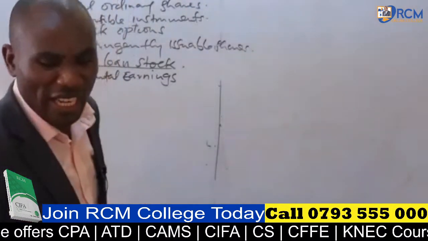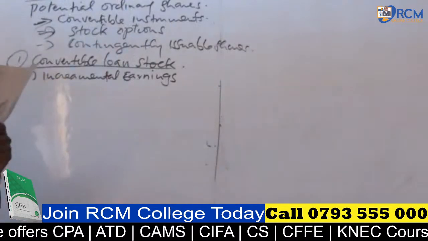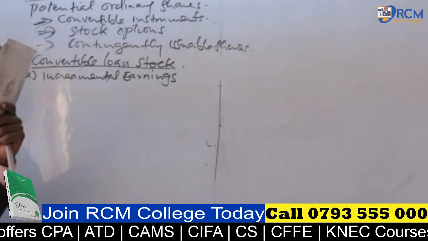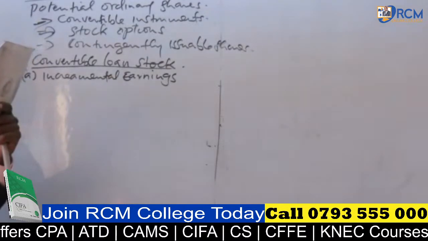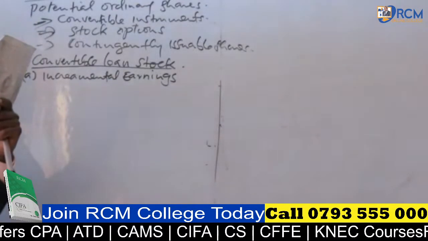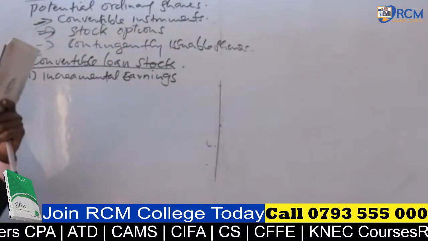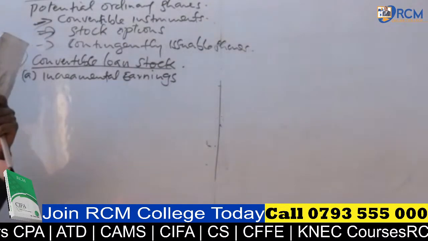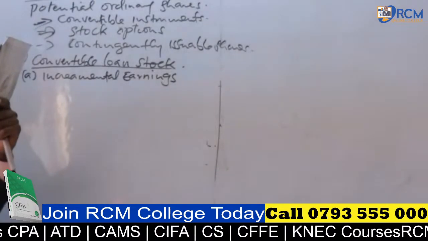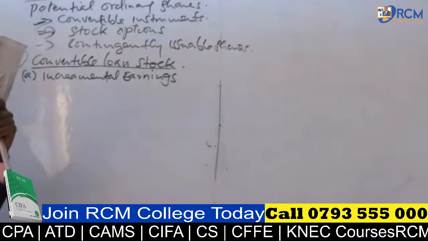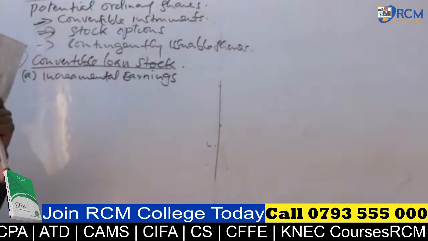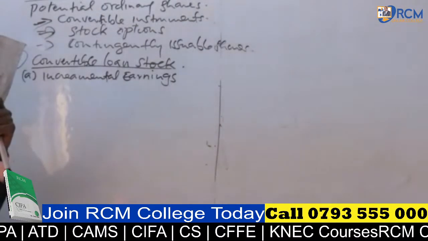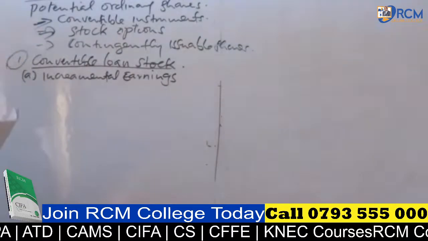Therefore, when we check in this debenture, note number 2, the convertible loan stock was issued on 1st July 2017. Each shillings 1,000 of loan stock is convertible to 25 ordinary shares. Holders of shillings 300 million worth of convertible loan stock exercised their right on 1st January 2018.